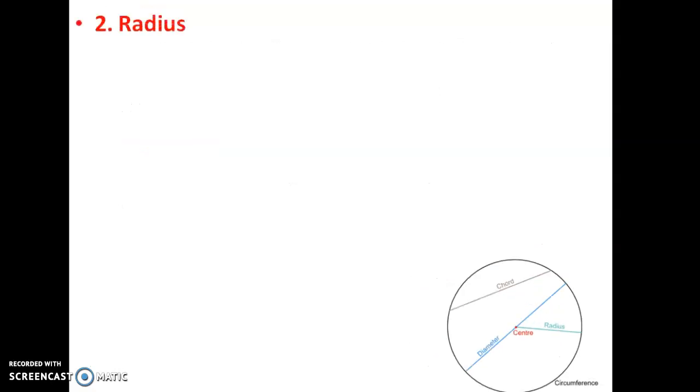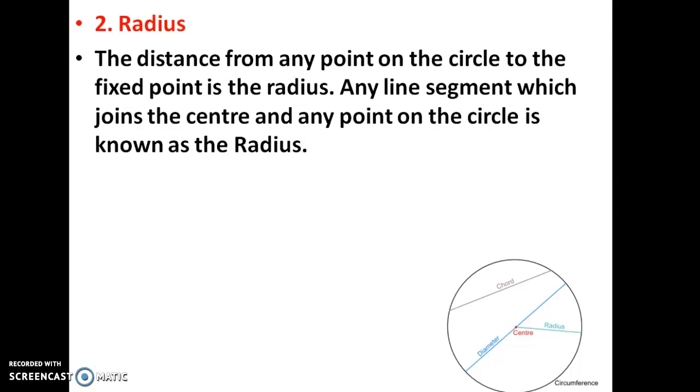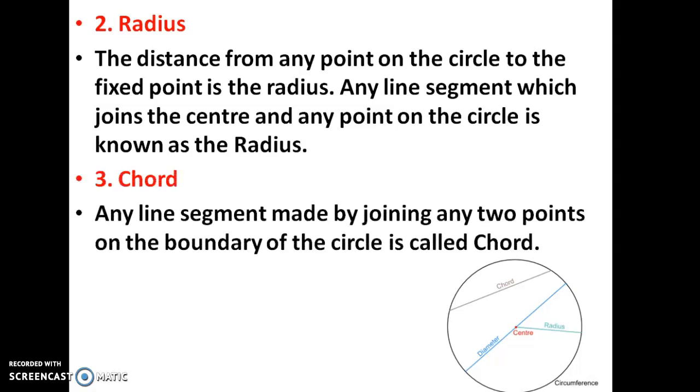Then radius: the distance from any point on the circle to the fixed point is the radius. So the fixed point is the center, and if you join it to any point on the circle and measure, that's a radius. Any line segment which joins the center and any point on the circle is known as the radius. Chord: any line segment made by joining any 2 points on the boundary of the circle is called a chord.